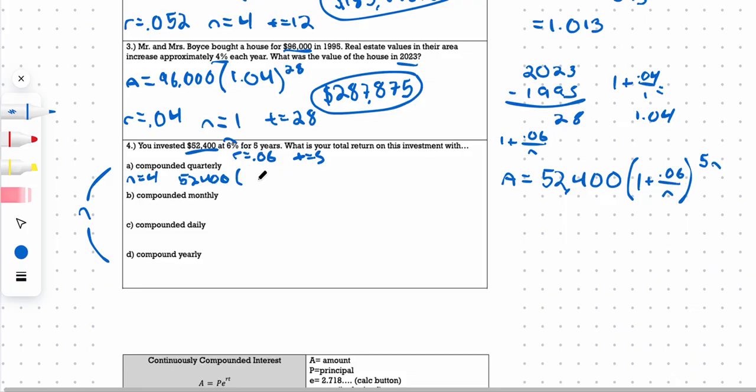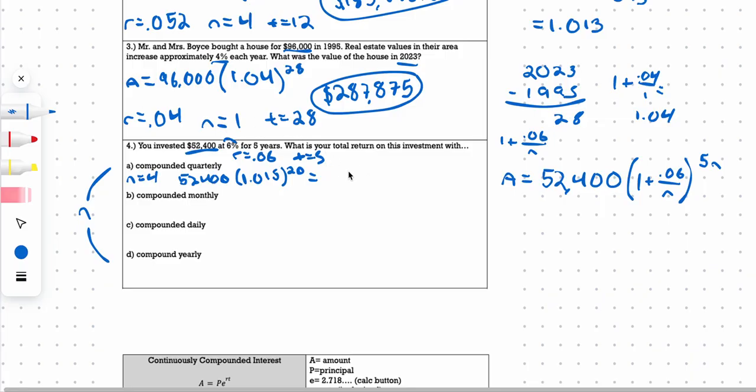So we're going to say 1 plus 0.015 is 1.015 to the 5 times N power, which is just going to be 5 times 4, so it's 20. And we get something like 1.015 to the 20th power. That's going to give us something like 1.35-ish times 52,400.